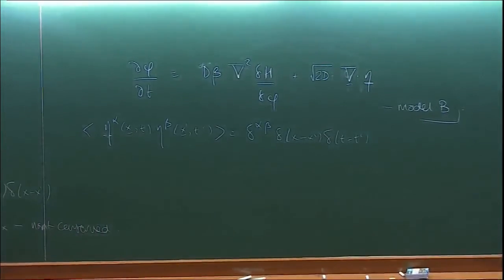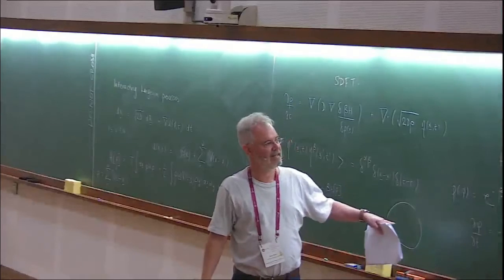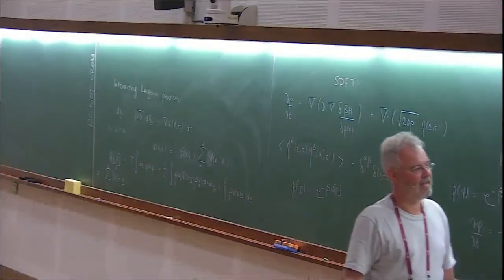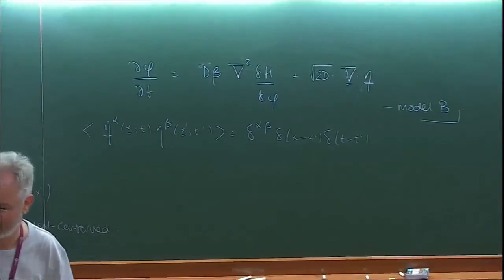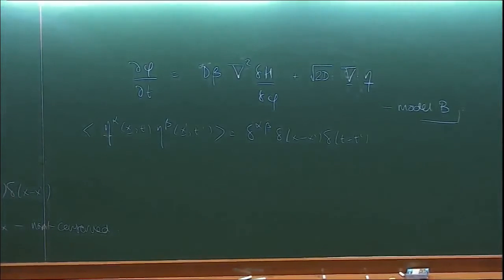If I create a big hole in my system, then obviously the density field can't evolve. It's going to take time for particles to diffuse into this region, so nothing can happen here. The vacuum is preserved by this dynamics: if rho is equal to 0, then you don't have any dynamics.